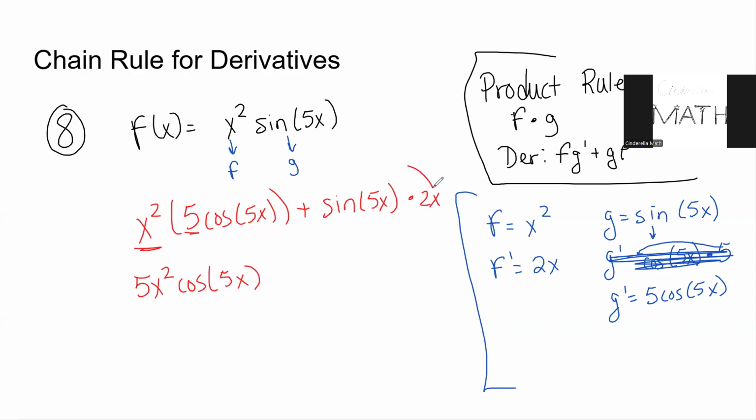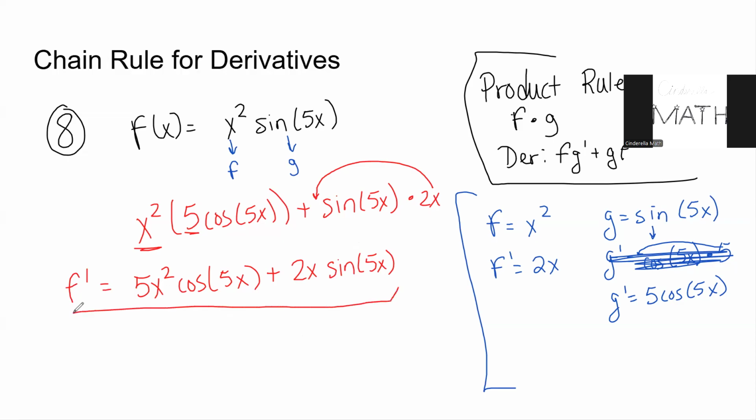And then this would just look better if this was in front. Plus 2x times sine 5x. Nothing combines. There's no like terms. And that's your derivative. So again, that's not the prettiest, but it's fine. So that was the product rule in conjunction with the chain rule.